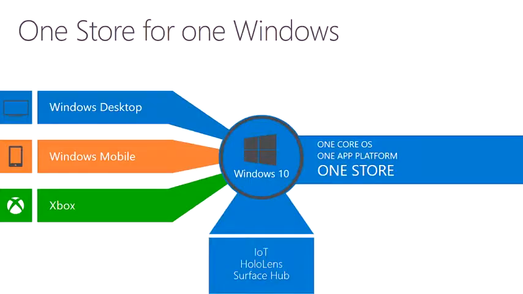Yeah. And of course, if you've got this one package that you can make available to multiple different devices, then as new types of devices come online, we can just make our app available to them.